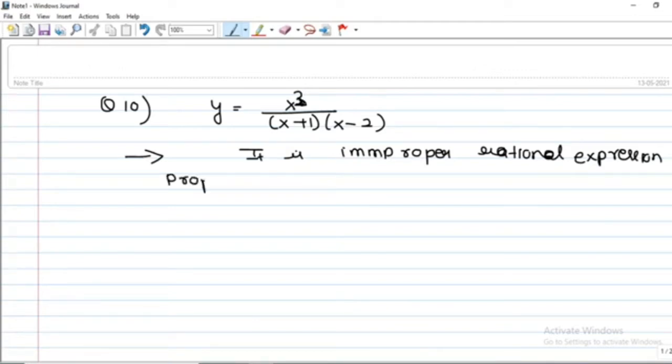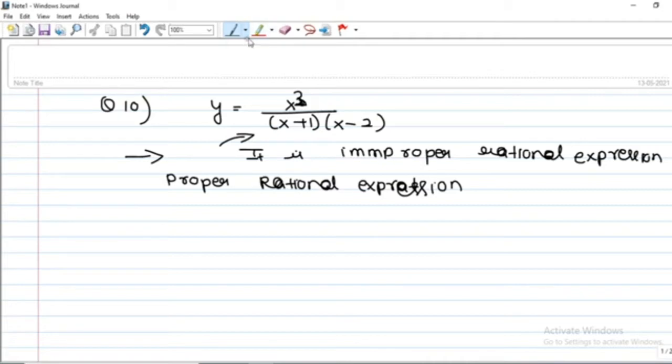How can we do that? We will divide this by this thing.